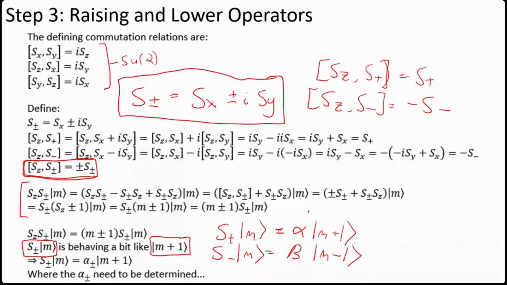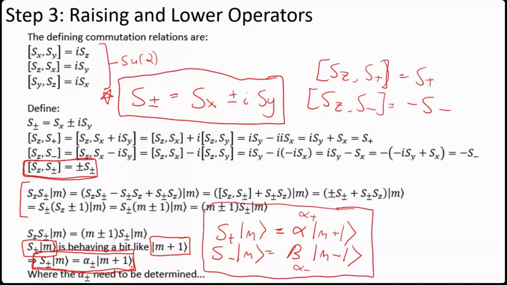I call them alpha plus and alpha minus in these notes, but if you want to pause this video and look back, I don't want to go through all the algebra. Basically, when you define the raising and lowering operators like this, you get these relations where you can go to the next basis vector with some scaling coefficient using the raising and lowering.